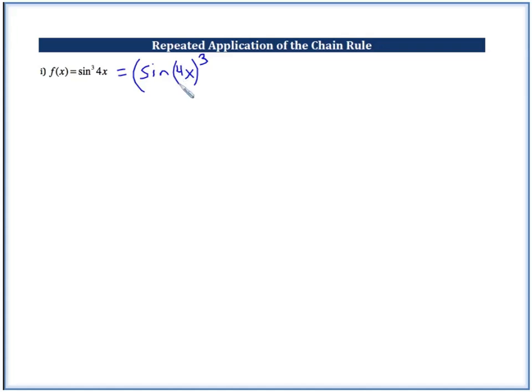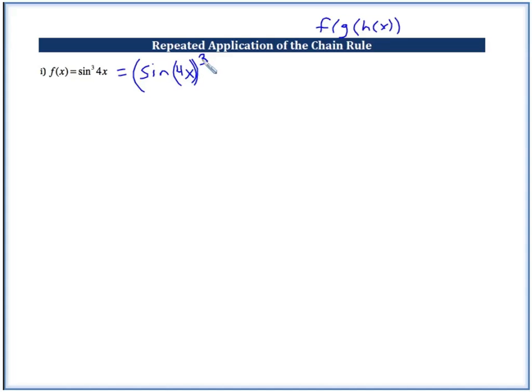Now looking at this, we have a function that is cubed, and then we have another function right here. So this is almost like having f of g of h of x. So we see a function completely buried inside the g, and then that is buried inside an f. So we have three functions going on.